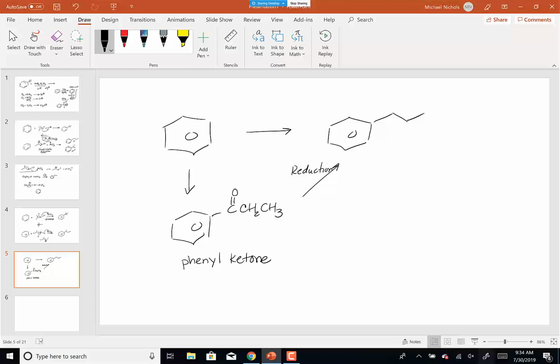So what would I use to put this group on the benzene ring? I need a carbocation. The only thing I can add to the benzene ring is a C+.